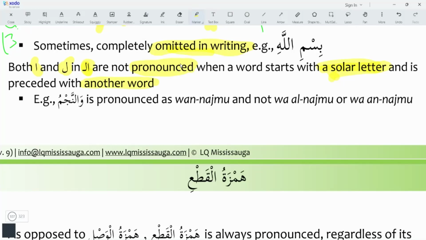So Alif and Lam we will not pronounce when the solar letter is preceded by another word.